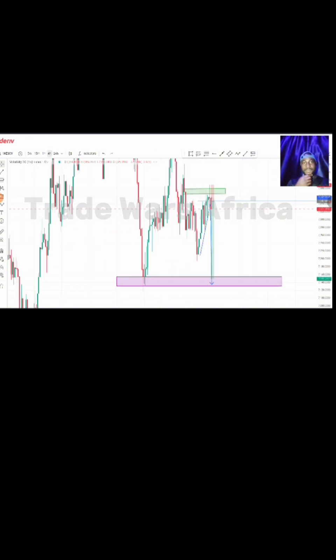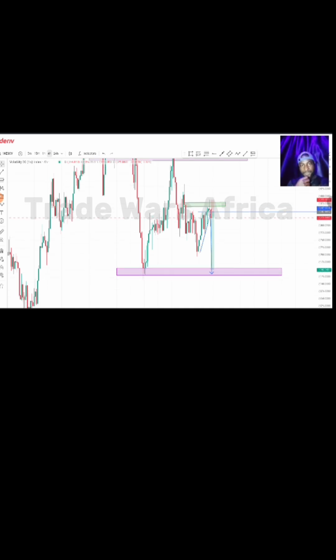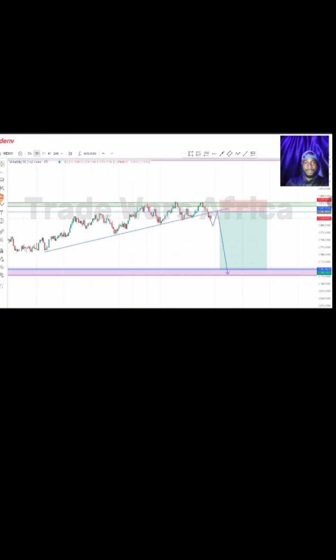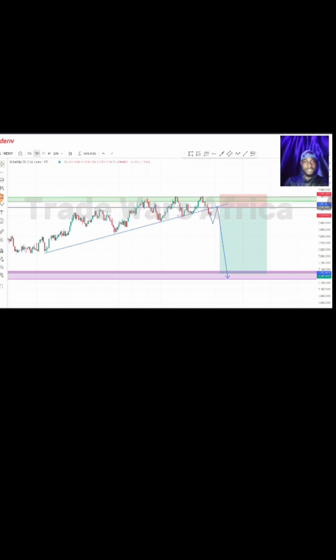I like to set my TP on a 4 hour time frame. So my TP is around here. The blue line is my TP.